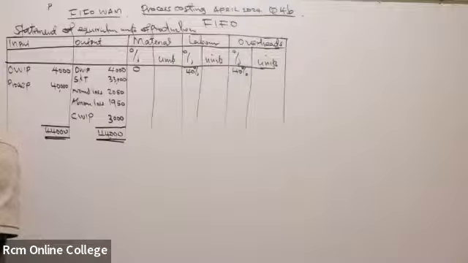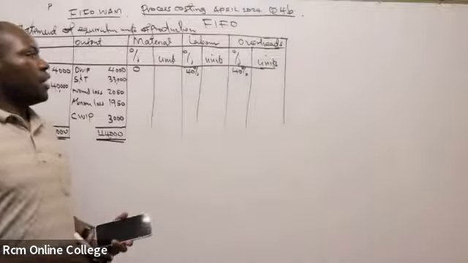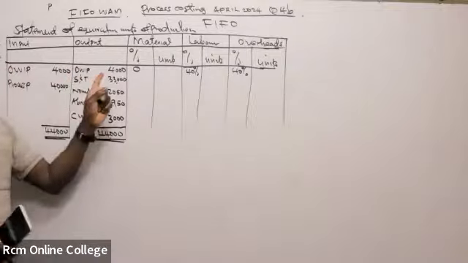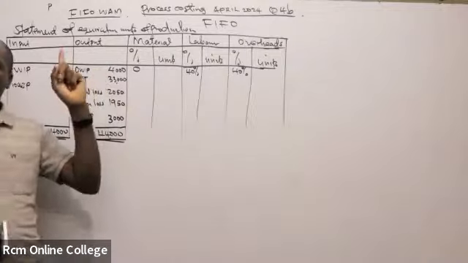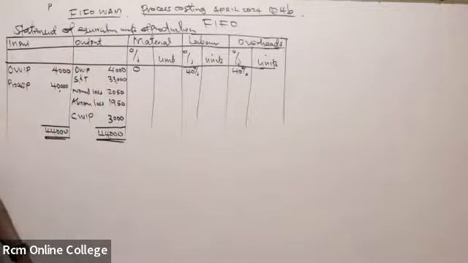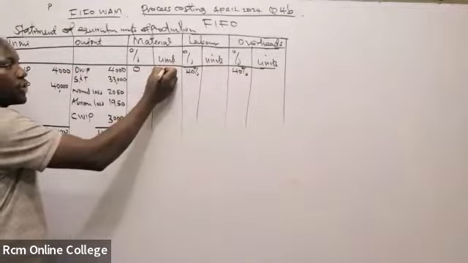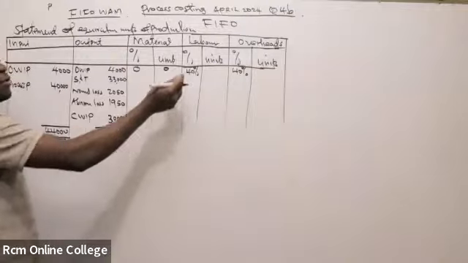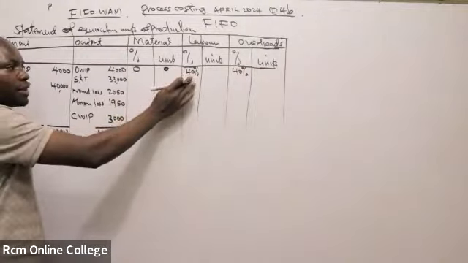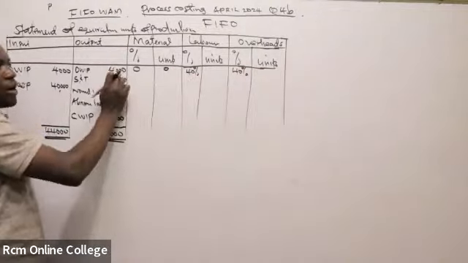Great. Now, our opening work in progress is 4,000 units. For material, we are completing 0%, so material will be 0 units. For labor, we are completing 40%. So what is 40% of 4,000 units?